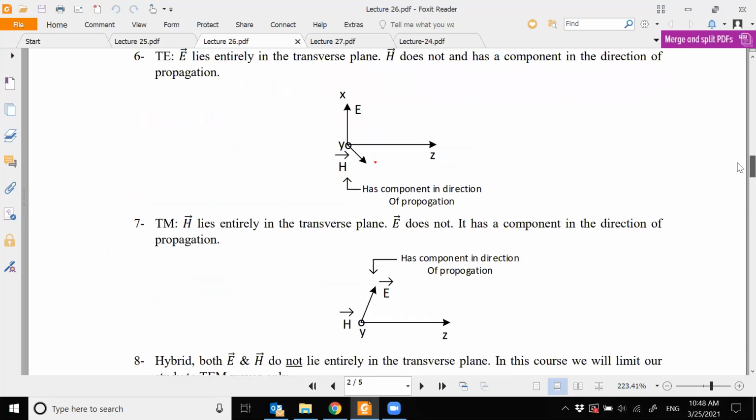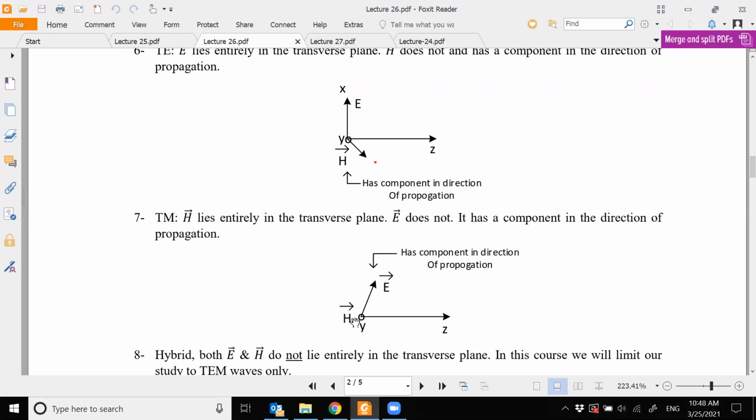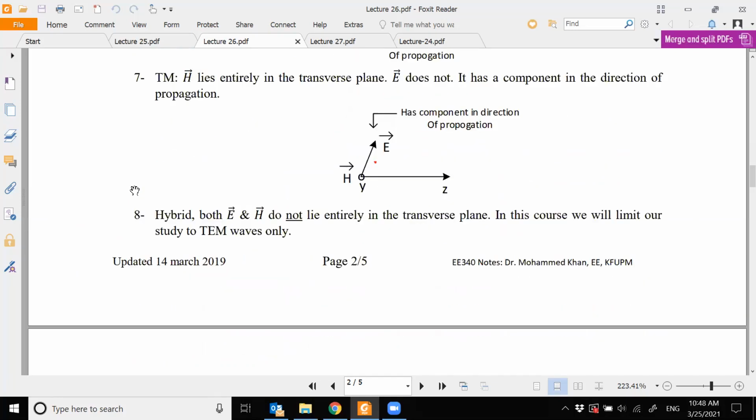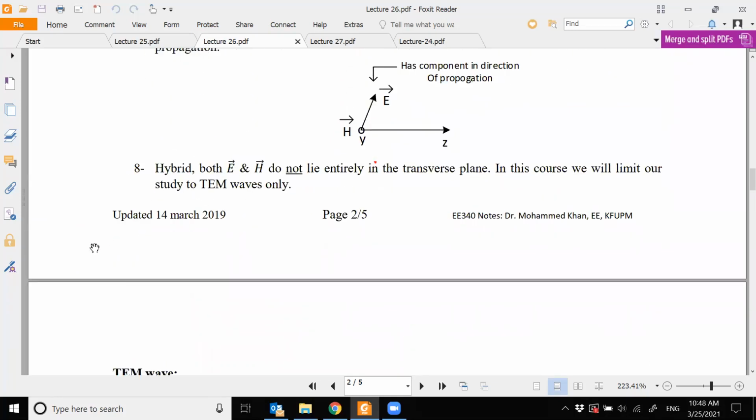Then the next one is the transverse magnetic mode, where it's the other way around. That means you have the magnetic field completely in the transverse plane, but the electric field not necessarily. So in this case, the electric field can have a Z component and it can have an X component. That is called the transverse magnetic mode. Then the last one is called hybrid modes.